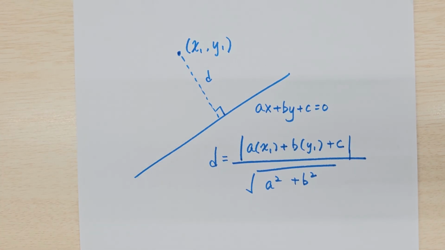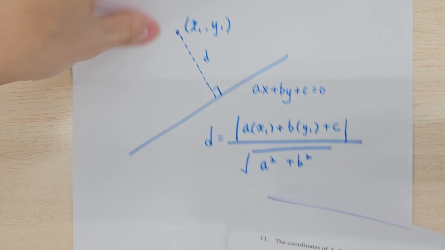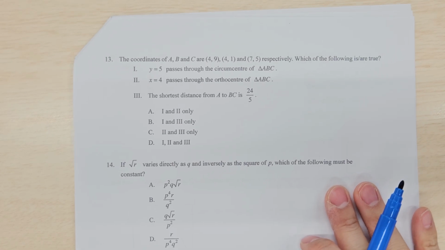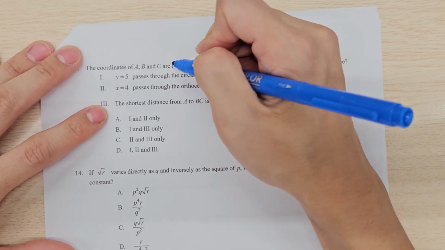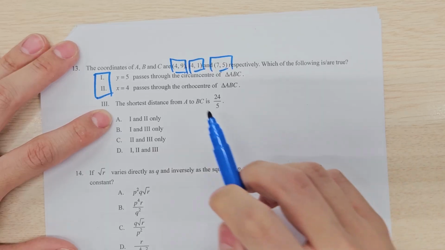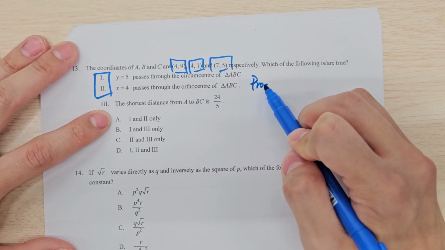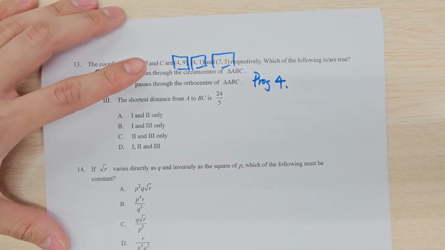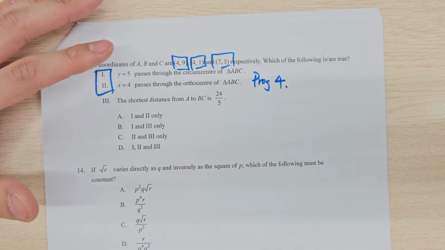And lastly, we can also have method 3 to tackle this question. Since all 3 points are given, how can we tackle 1 and 2? You can use the program for center of triangle.